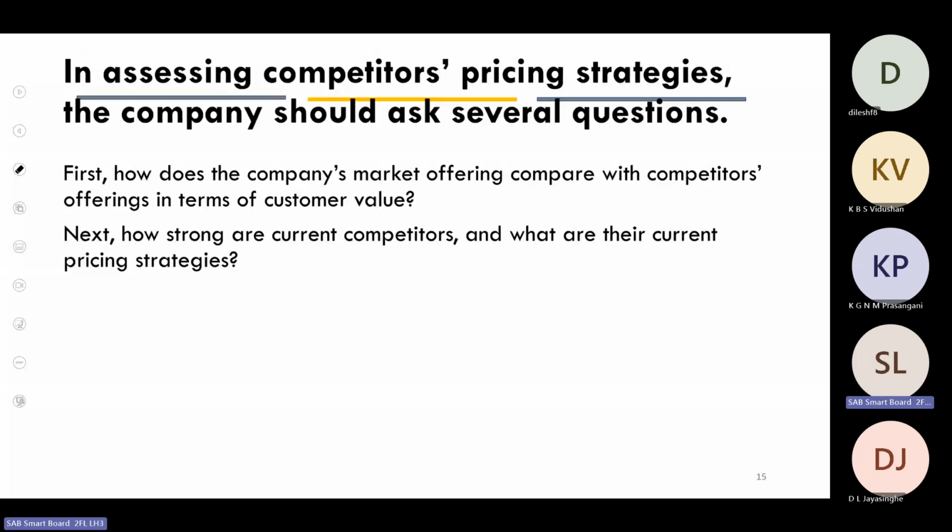So normally when assessing competitors' pricing strategies, the company should know different things, like how the company's market offerings compare with competitors' offerings in terms of customer value, right? Simply, our product should be compared with the competitors' products, maybe based on the value that customers can get.